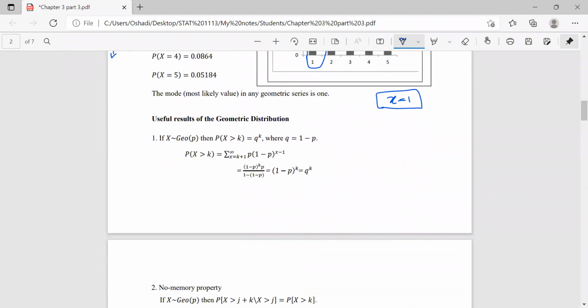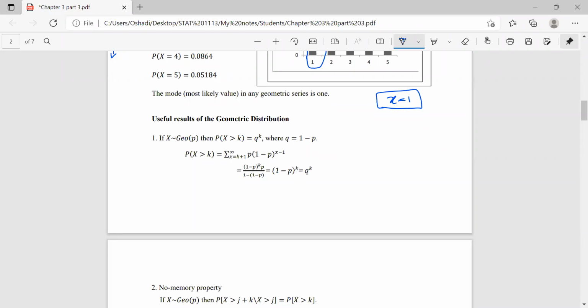So there are some useful results of the geometric distribution. There are two useful results. We could use those two important results to calculate probability values, right?